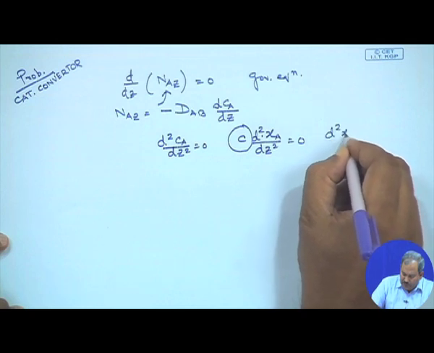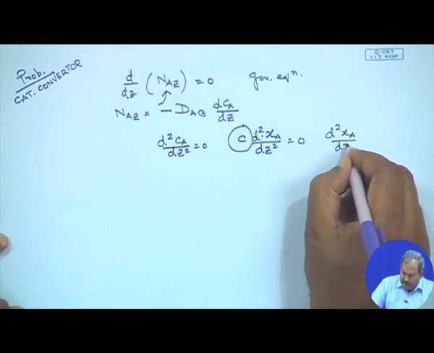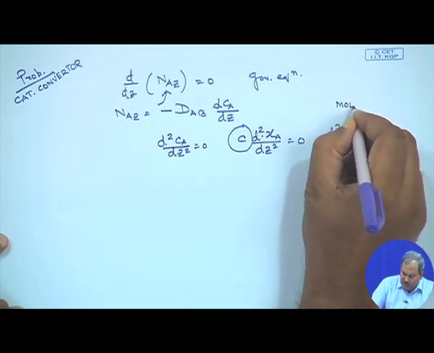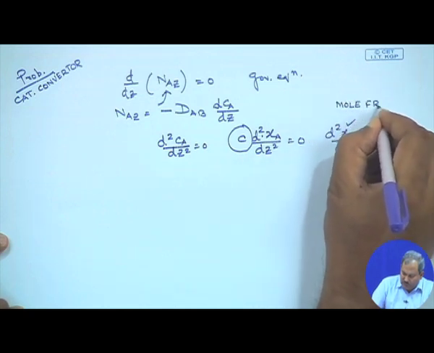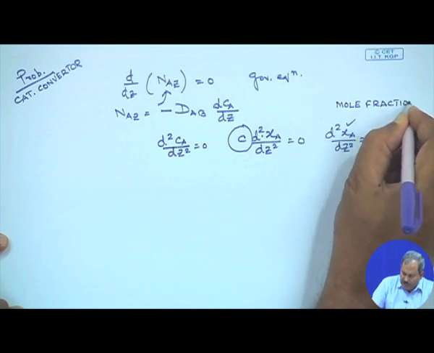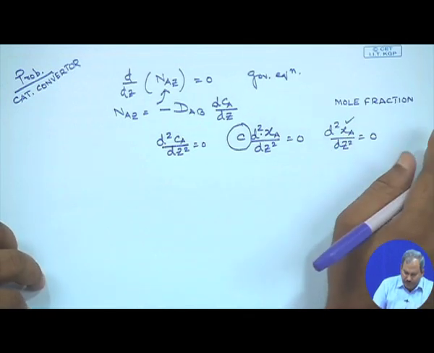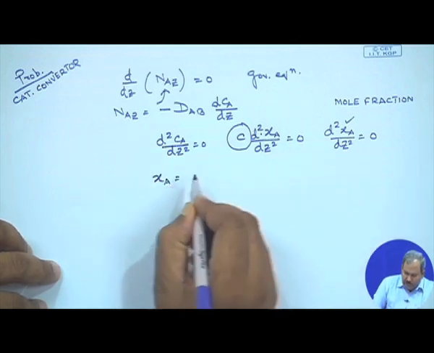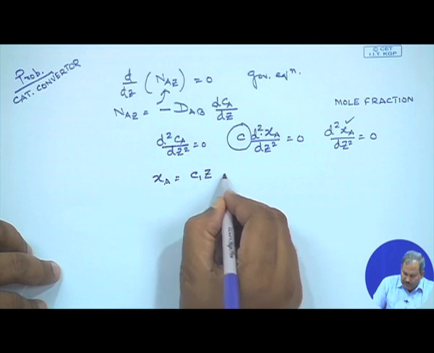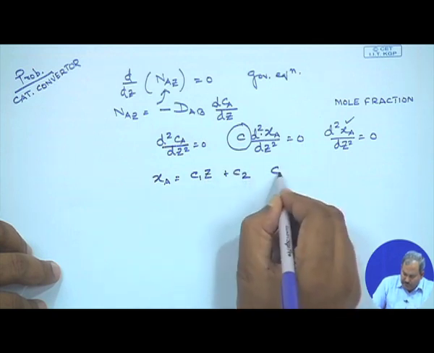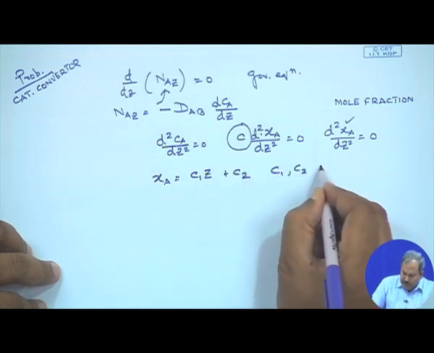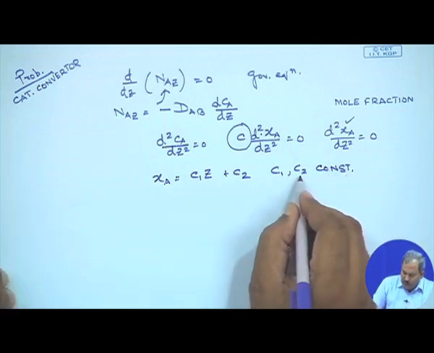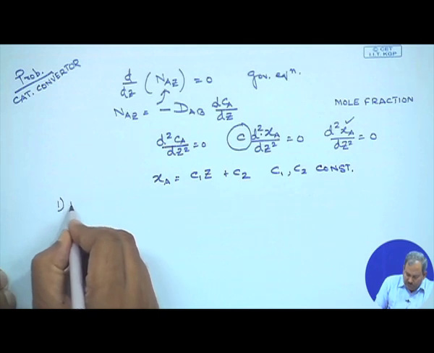So your governing equation would simply be d2x_A by dz square equal to 0, where this is the mole fraction of component A, which in this case is NO. So once you solve this, you get a linear distribution of x_A in terms of z, and C1, C2 are constants of integration, which are to be evaluated through the use of boundary conditions.